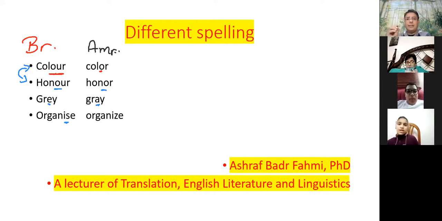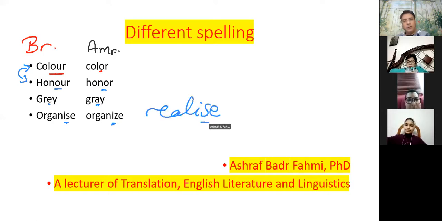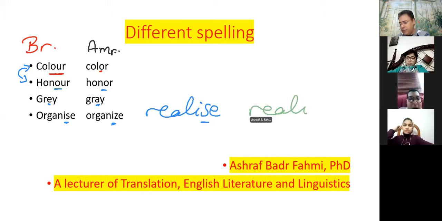The British write it S, but pronounce it Z. The American pronounced and write it Z, so it's organize. And the same in realize, okay. Realize in British with S becomes realize with Z in American.